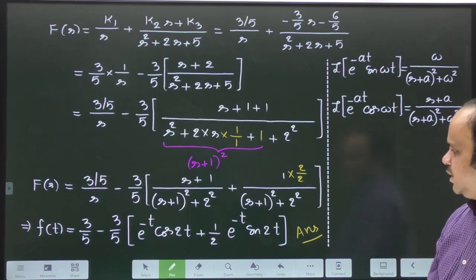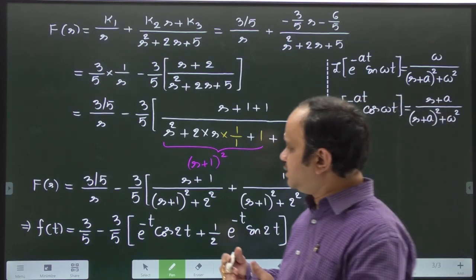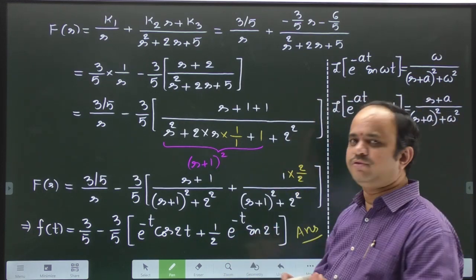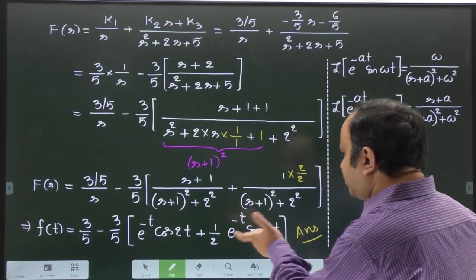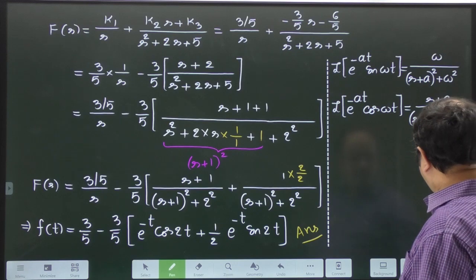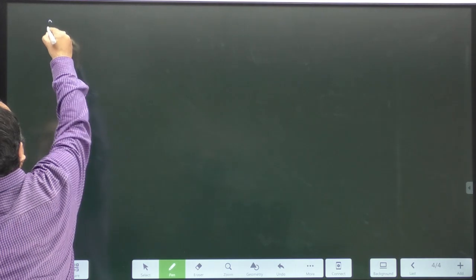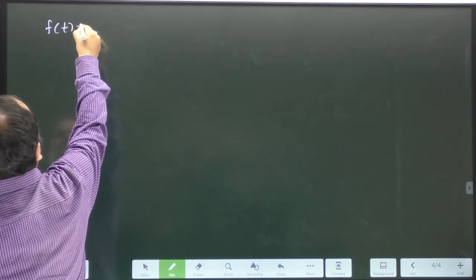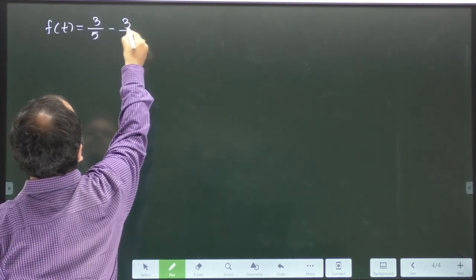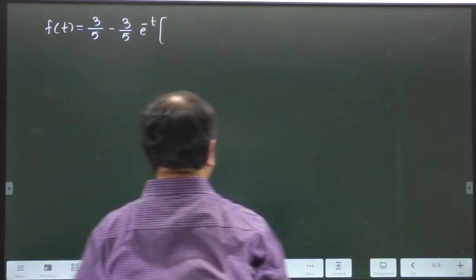But in the generalized format, going forward, that means in the time response analysis of a second order system, particularly this concept will be used. So, I would like to modify this one just from the application point of view. Let me rewrite this equation once again. What we got, f of t is equal to 3 by 5 minus 3 by 5 into e power minus t.